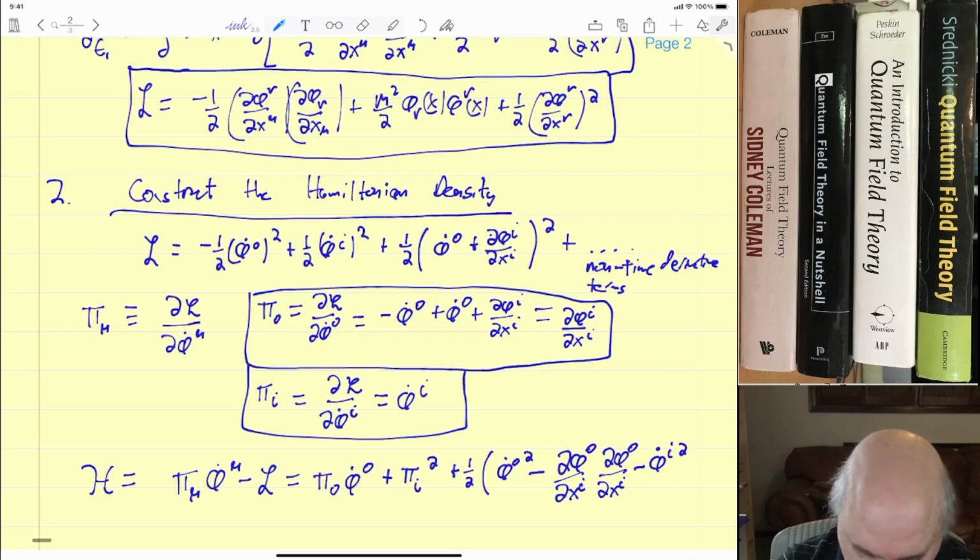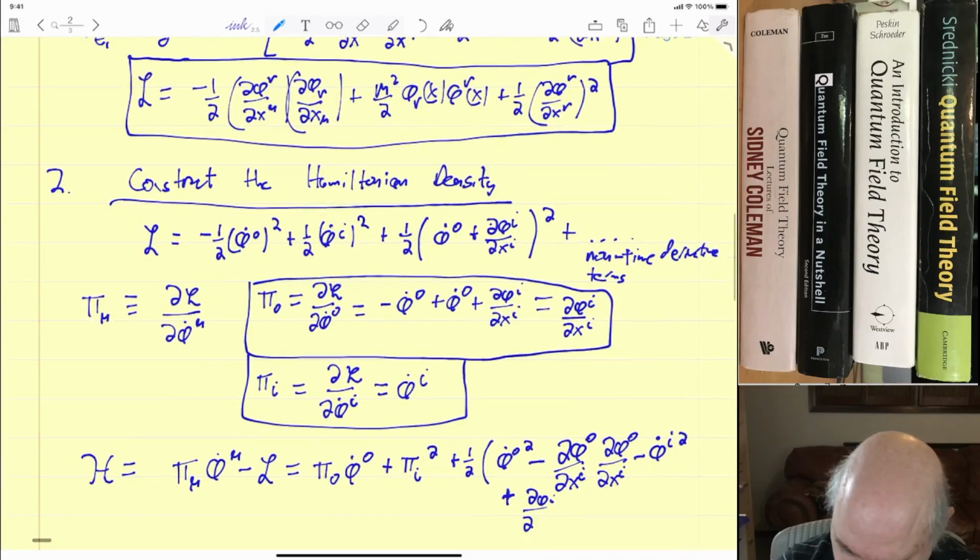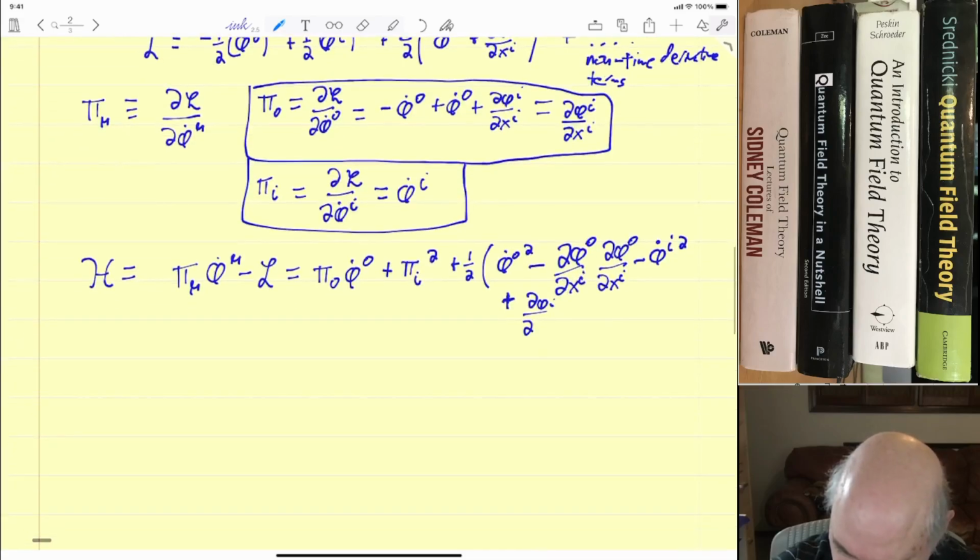And then I get a plus partial phi I with respect to xj, partial of phi I with respect to xj.